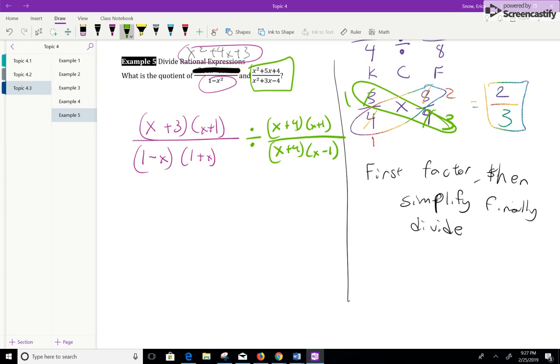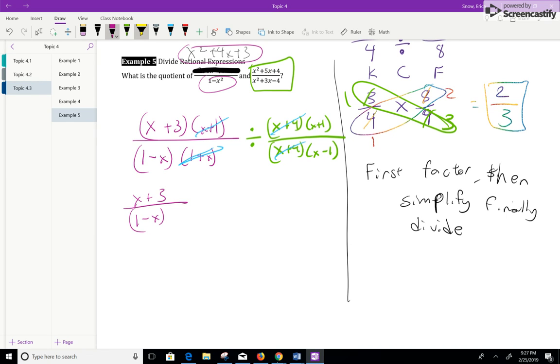Now, so we factored. We are going to cancel the common things that are already on top and bottom. x plus 1 and 1 plus x is the same. We don't have to take out a negative 1 because the x and the 1 are both positive in both cases. x plus 4 and x plus 4 also cancel out. So now we have x plus 3 over 1 minus x.